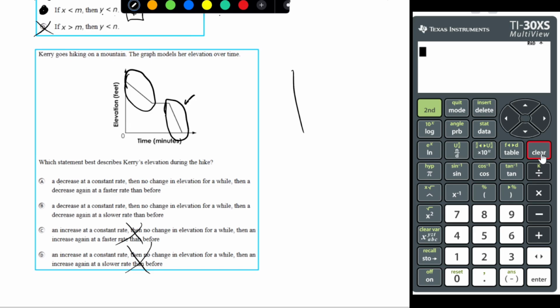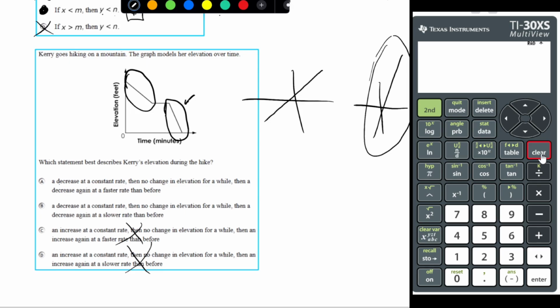So let's compare this to, say, these aren't going to be exact drawings, but if you look at a line with a slope of 1, your line's going to look like that. A line with a slope of 5 is going to look like that. See how this one's a lot steeper? Because you're going up 5 for every 1. While here you're only going up 1 for every 1.